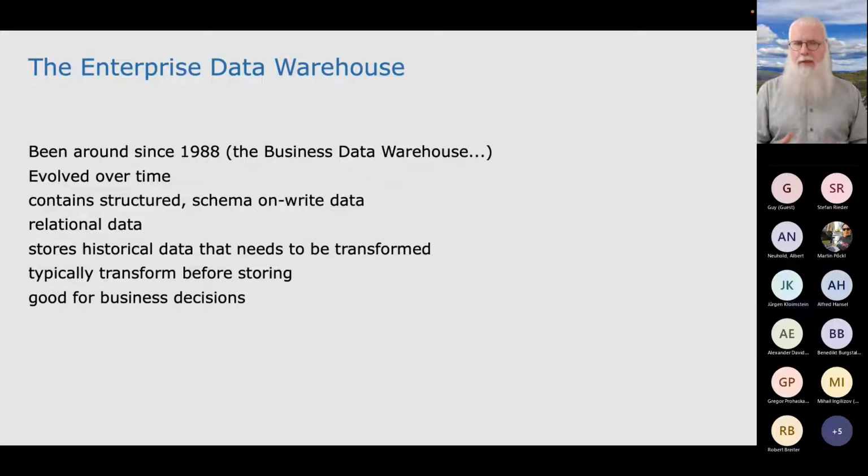But the data warehouse itself is great for business decisions. How is our business doing? What have we sold the last year? And how can we compare that to how we did 10 years ago? And it does that by aligning data from various sources and enabling us to do cross-system querying.